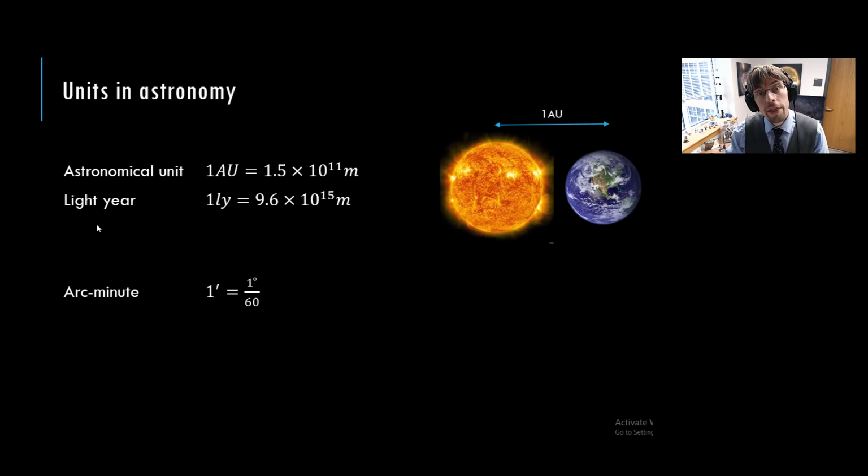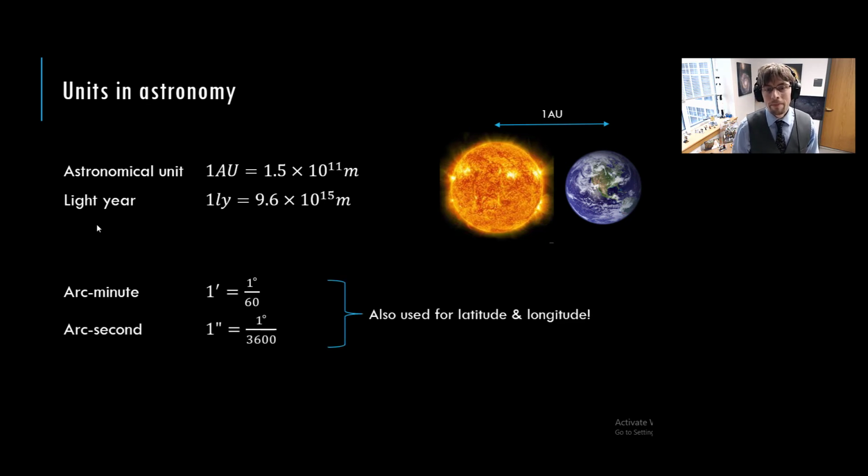Of course, that is not precise enough for astronomers either. So we can take 1 arc minute and slice it into 60 pieces, and astronomers call that an arc second. So it's 60th of a 60th, or 3,600ths.